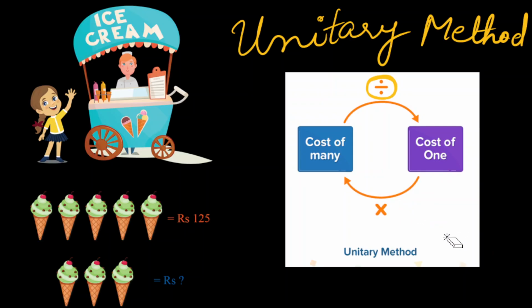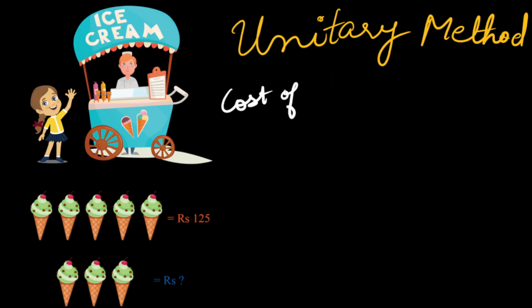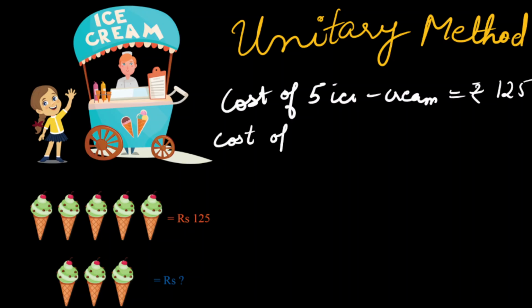So here I'll show you. First we have to do the division. The cost of 5 ice creams is given to us, and this is rupees 125. So first divide, so we will find the cost of one ice cream.